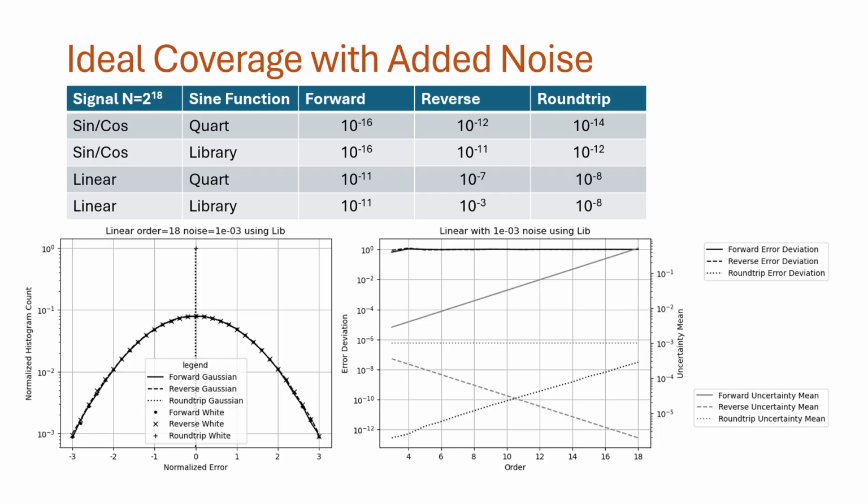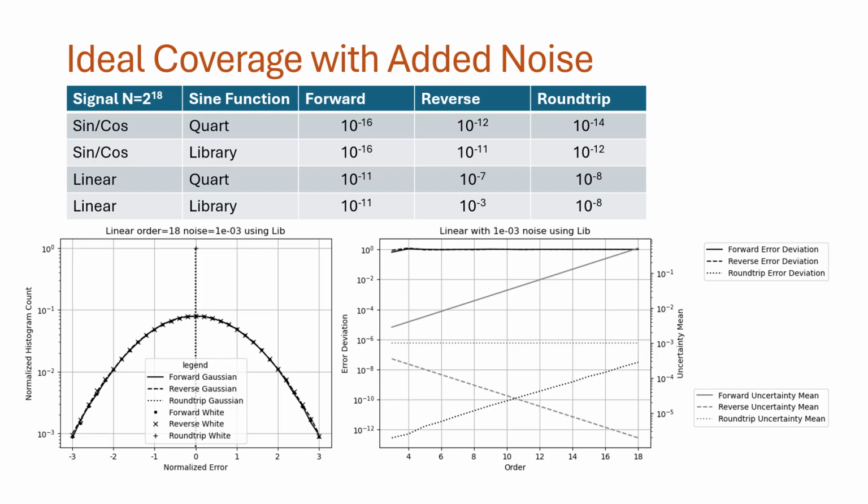The variance goes linearly with FT order, actually as a square root of 2 here. Because variance goes linearly, the uncertainty goes as the square root of the FT order.